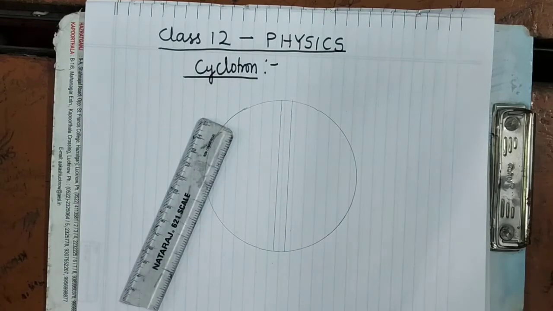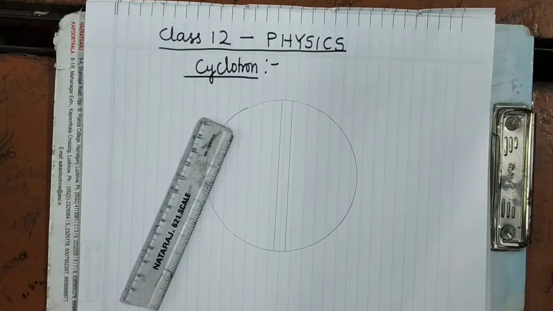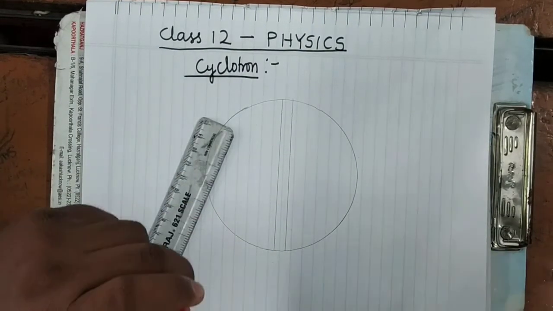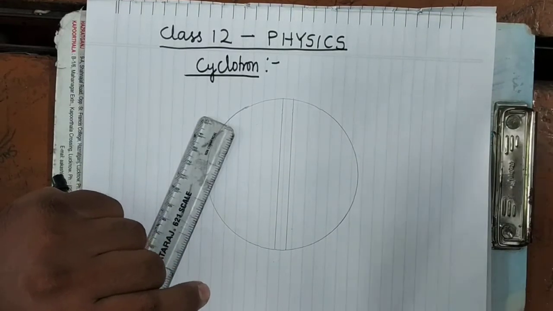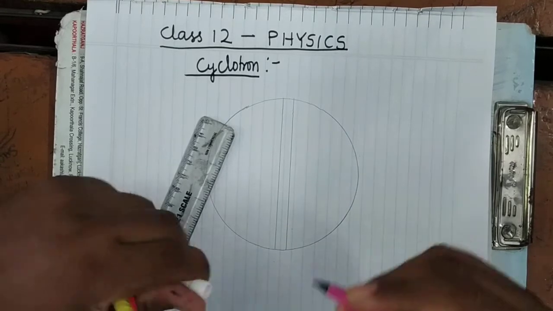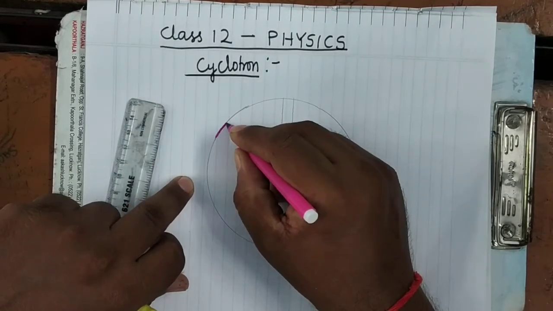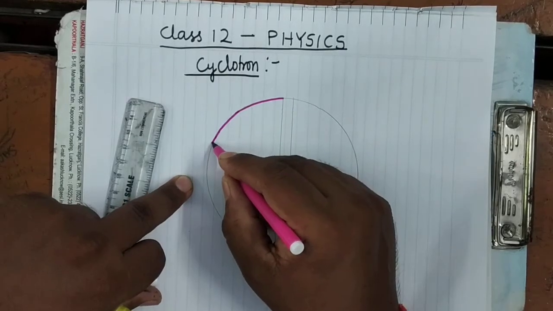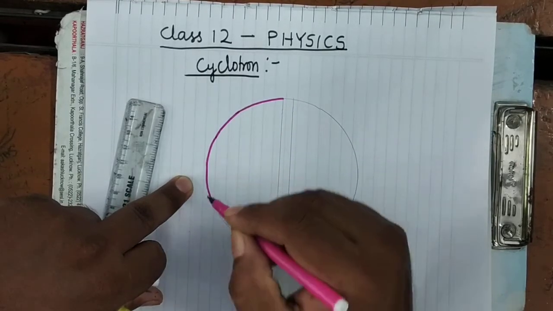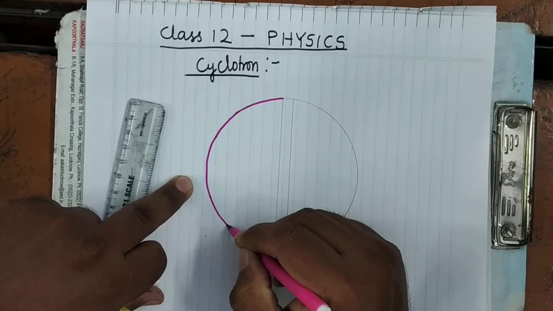All of you wait for a minute, let me complete this. This is one semicircular metallic D.